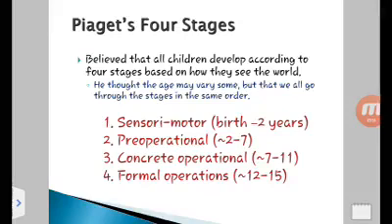The first one is the sensorimotor, which is from birth up to 2 years. The second one is the preoperational stage, which is from 2 years to 7 years. The concrete operational is from 7 years old to 11 years. And the formal operations, which is 12 to 15 years.